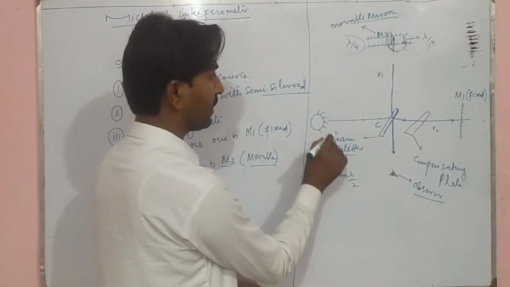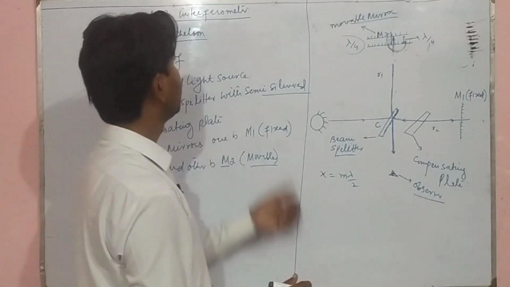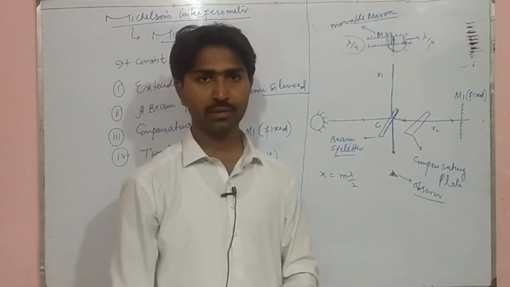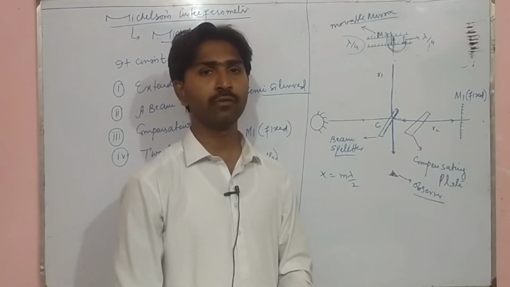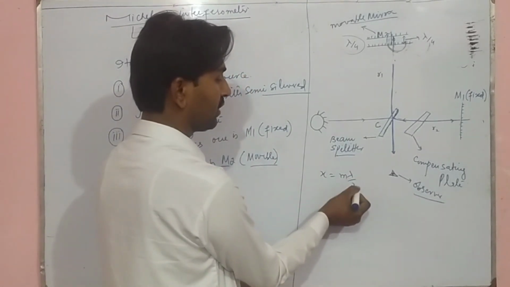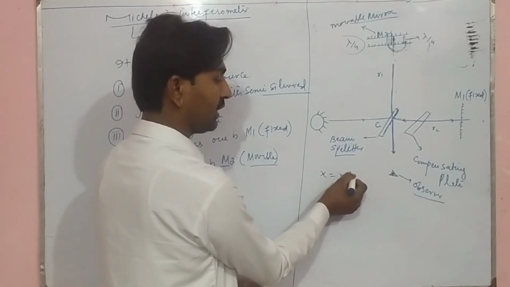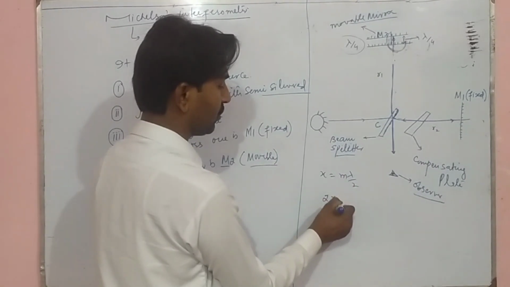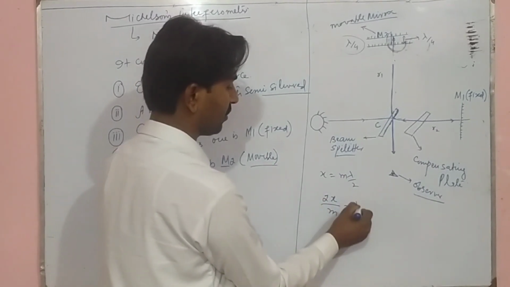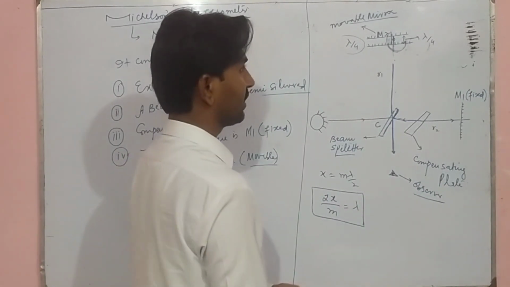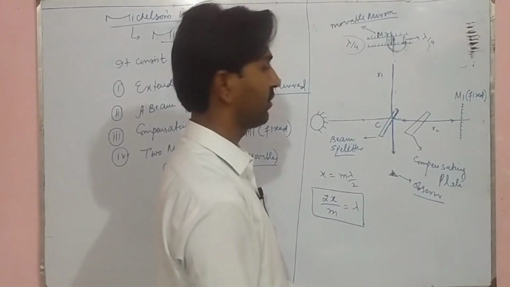We want to calculate the wavelength of light, because Michelson's interferometer gives us a precise measurement of the wavelength of light used. So 2x over m is equal to lambda. This is the calculation of Michelson's interferometer.